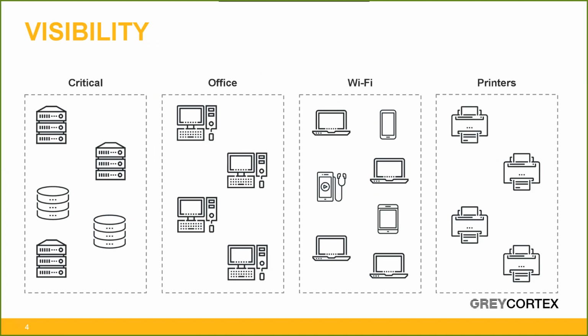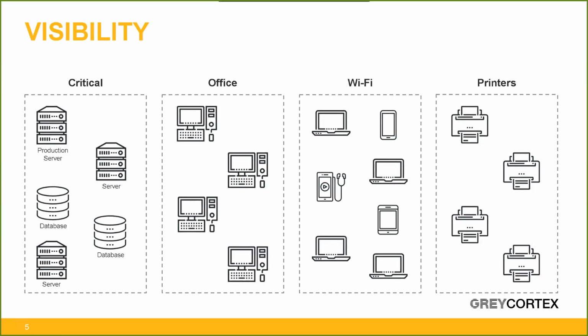There are usually devices that help employees with their work, like printers, multifunction devices, and so on. There are also devices in the offices like desktop computers, and some others. And usually there are some critical devices, like production servers that are running or maintaining your domain where your computers are connected.